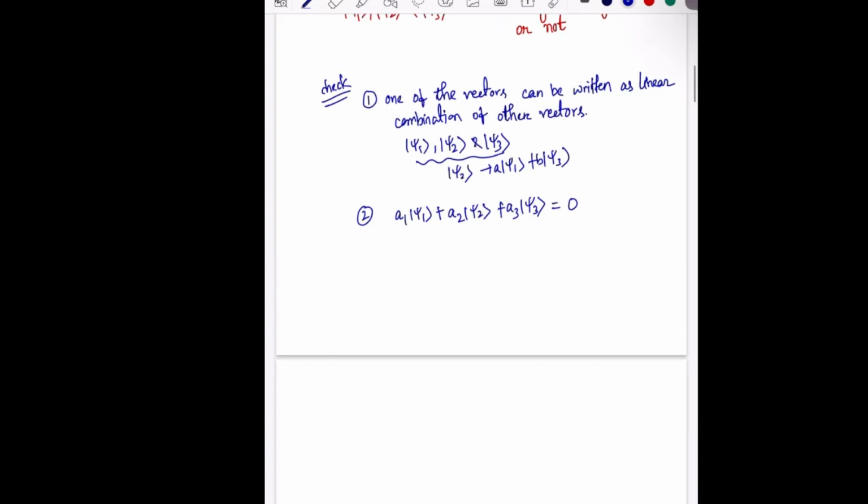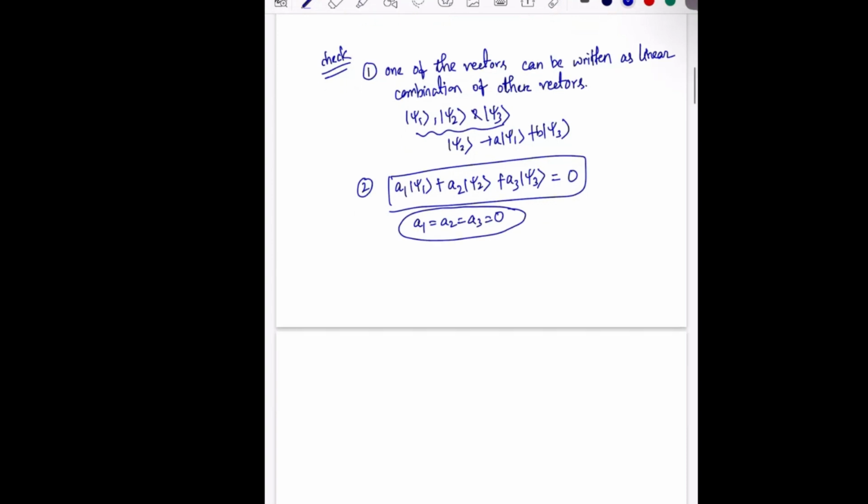If psi1, psi2, and psi3 are linearly independent, then this condition is satisfied only when a1, a2, a3 equal 0. If you get this condition, then you can tell that psi1, psi2, and psi3 are linearly independent.